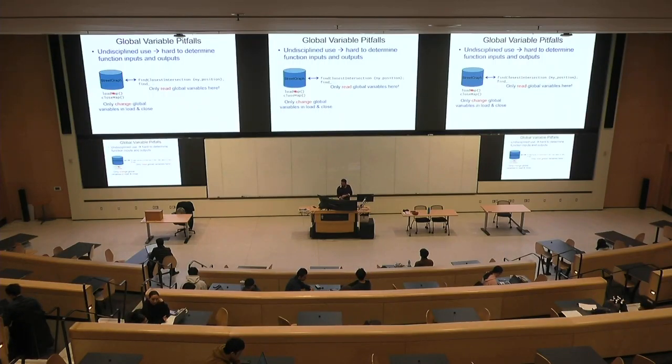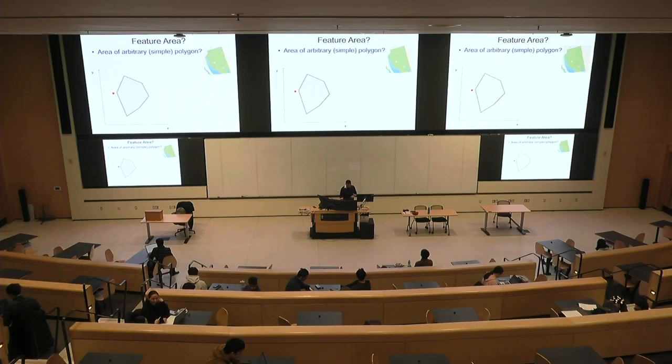And the last thing I wanted to talk about is one of the functions in the Milestone 1 handout: you have to find the feature area of any random feature in the city. If you remember from the previous lecture, these features are represented as a collection of points that are stored in order, one by one.